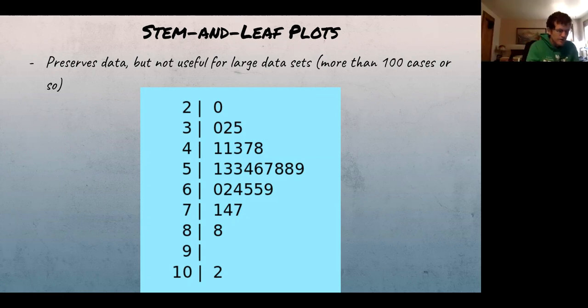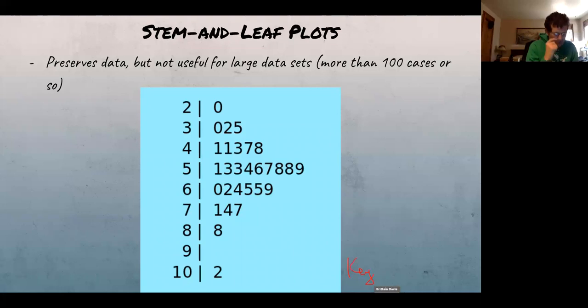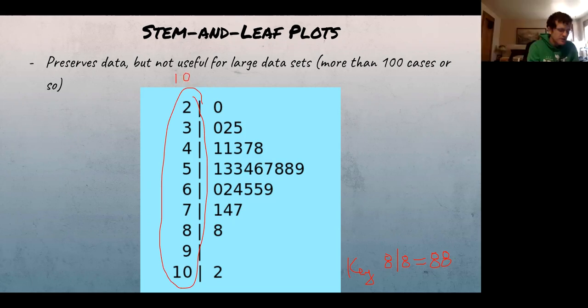The way that this works, you would almost always have a key. It's not showing up here, but you'd have some kind of key that says, in this case, 8 is like 88. So maybe this represents your tens place, and all of these leaves represent your ones value.